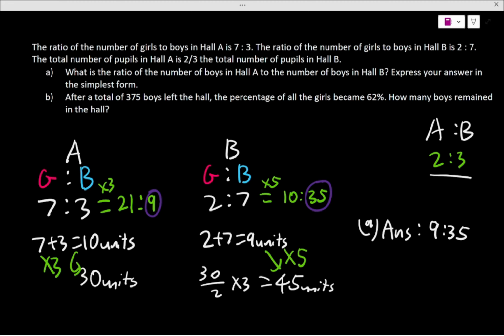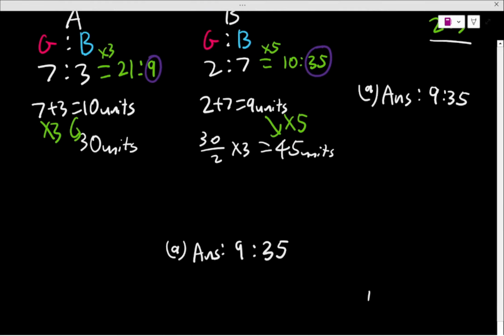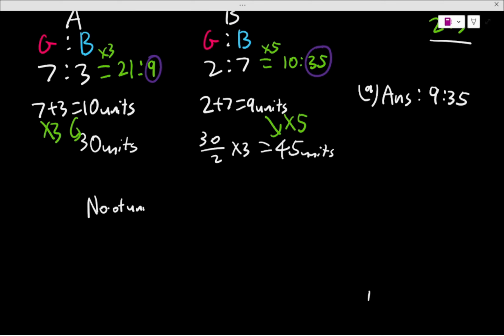But how many units? Well, the number of units is going to be 21 plus 10, which is 31 units.